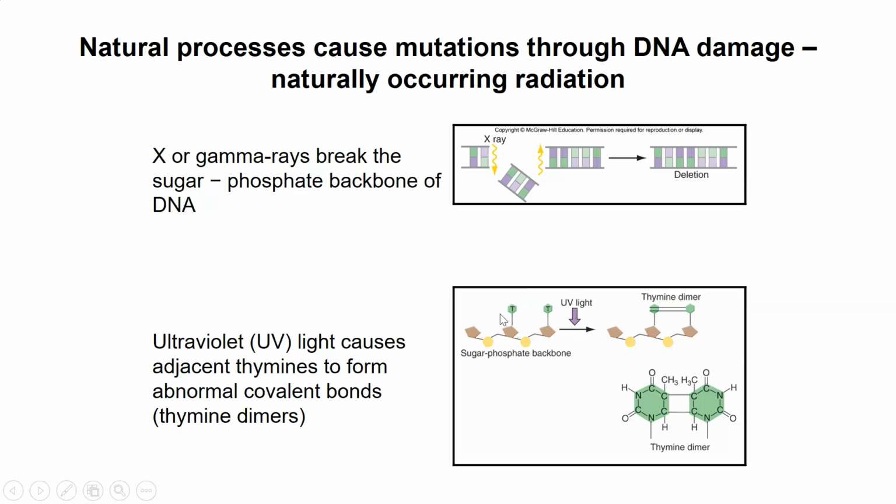That is when there are two thymines side by side on the same DNA strand, and UV rays cause the two thymine bases to be covalently attached. This produces a kink in the DNA strand, and if this undergoes replication before it can be removed, it will cause a base substitution as a result.